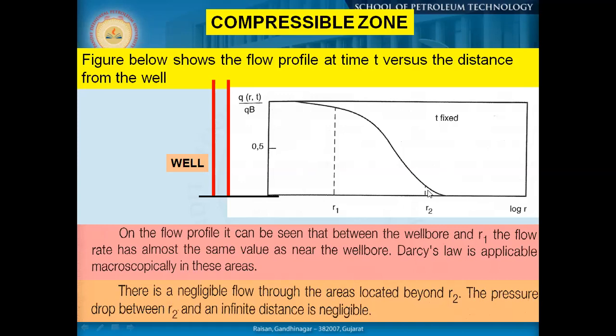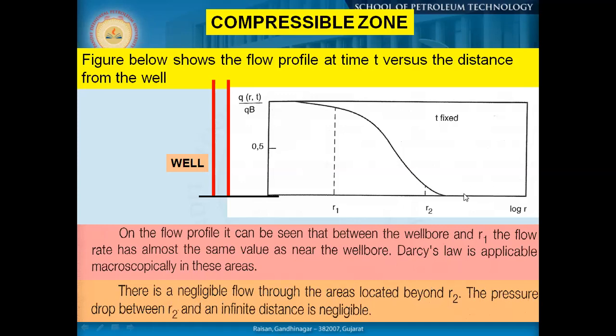Beyond R2, the reservoir has not taken part in this flow. On the flow profile, it can be seen that between the wellbore and R1, the distance right from the wellbore, the flow rate has almost the same value as near the wellbore. One means your reservoir has taken the complete production, or it is supported fully. Darcy's law is applicable macroscopically in this area. There is a negligible flow to the area beyond R2.